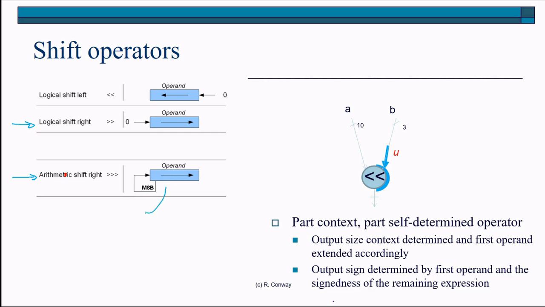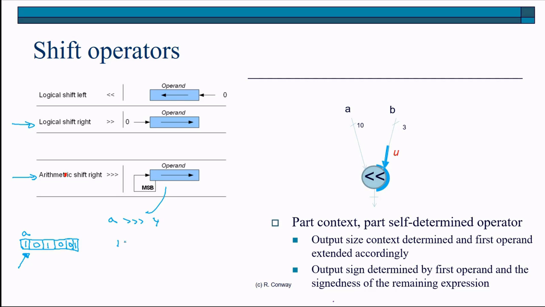So just to give you a quick example, if you've got A arithmetic shift right 4, and let's say A is a 6-bit value with the following 6 bits, our 6-bit value is shifted to the right 4 places, and because the most significant bit is a 1, we replicate the 1 4 times. Shifting the 6-bit value 4 places to the right will mean that we lose the 4 bottom bits.